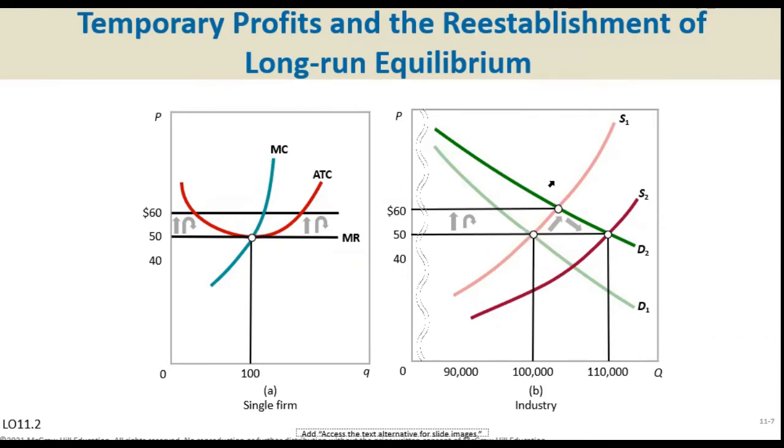So if we look at the industry here, what you realize is a favorable shift, right, from D1 to D2.